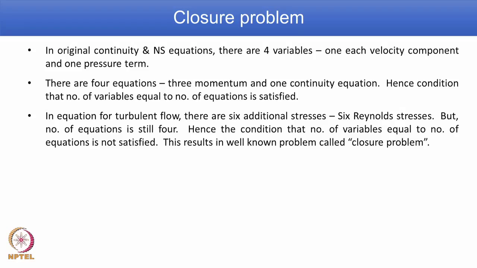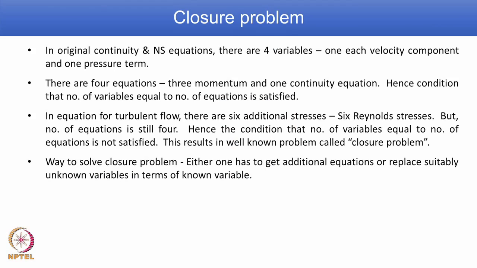In turbulent flow, you have 10 variables, that is 4 primary variables, mean velocity 3, pressure 1, and 6 additional stresses, whereas the number of equations available is only 4, that is 3 momentum equations and 1 continuity equation. Hence, we have more variables than equations available, and this is what is known as a closure problem.